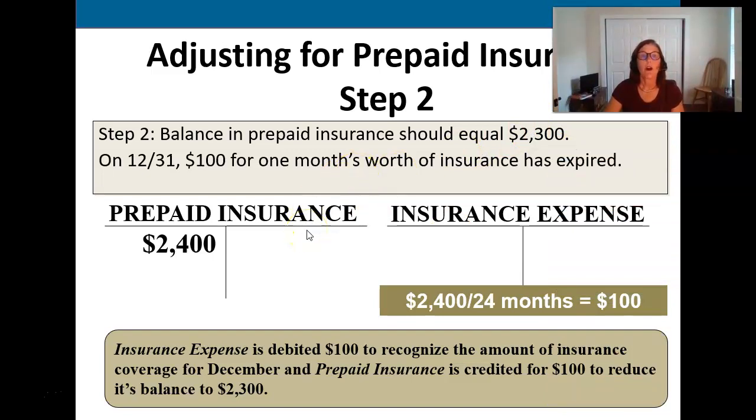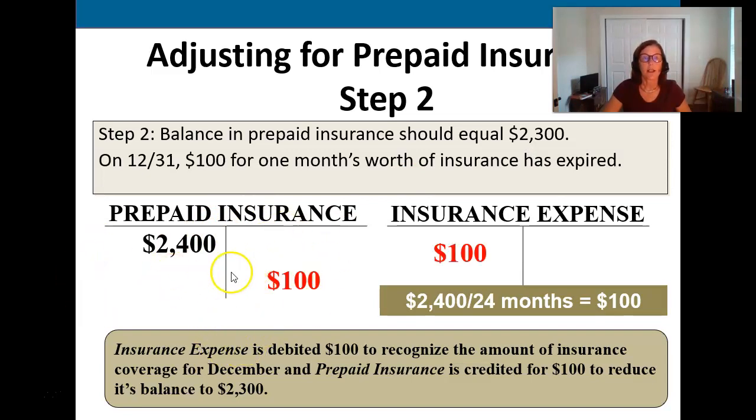Now here we are at the end of December, and what they didn't show you was the credit to cash on the last slide that went with the debit to the prepaid insurance. But anyway, at the end of December, we should only have $2,300 left in the prepaid insurance account because we just used a month's worth of insurance during December.